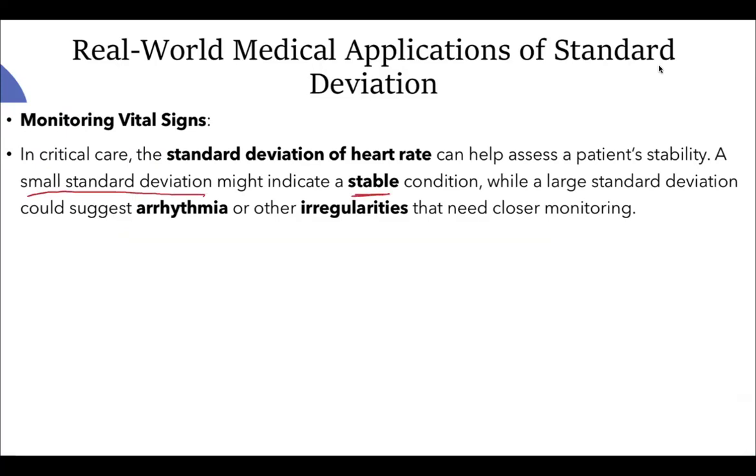So small standard deviation in heart rate means stable heart rate, consistent numbers, low variability. Large standard deviation could suggest arrhythmia or other irregularities that need close monitoring. Okay, large standard deviation in heart rate could be very urgent.